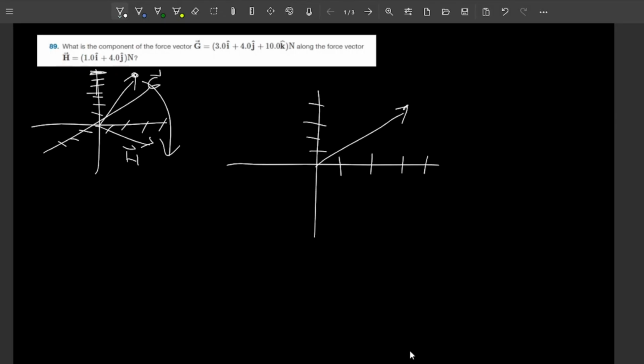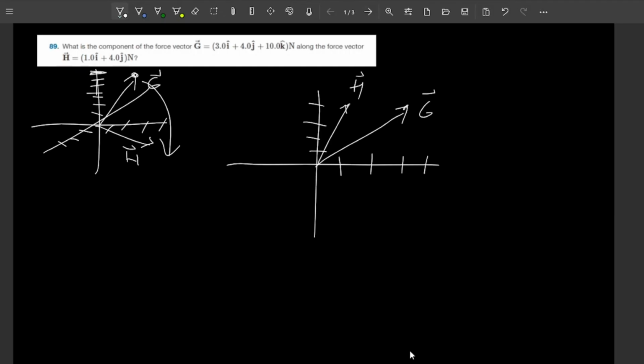I'm getting this by just looking at the components, by the way. So it's 3, 3, and it's 4, 4. Now H is going to be 1I hat plus 4J hat, which is going to be right about here.